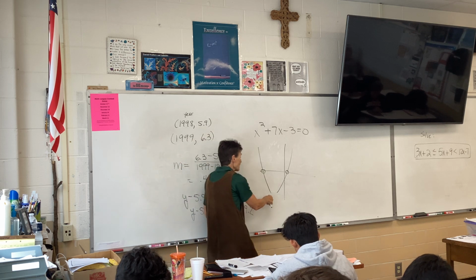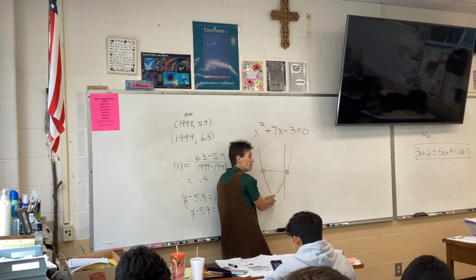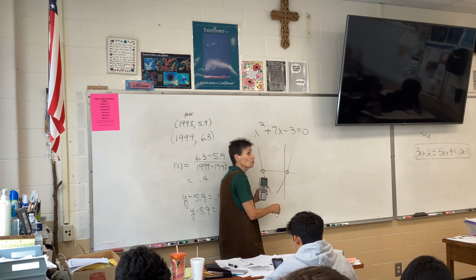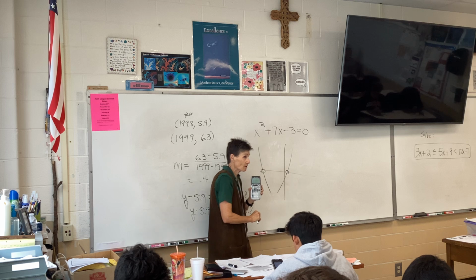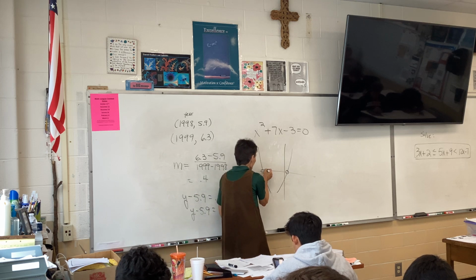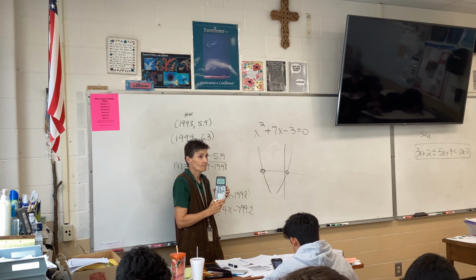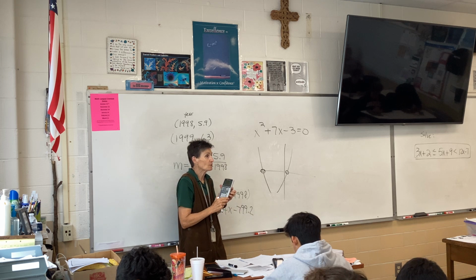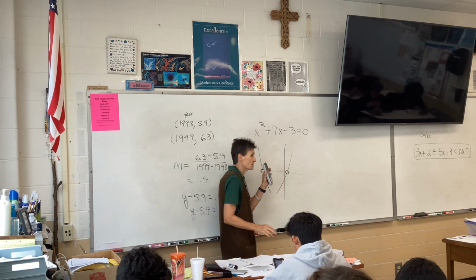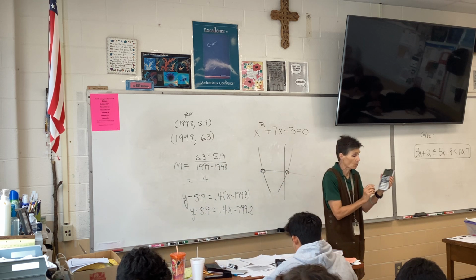I know I can't really see the bottom of my parabola, but I don't care. If I were looking for the minimum, that would matter. But I am looking for these points right here. All right, here we go. We are not going to trace and guess. That isn't how we do it. You paid a lot of money for this calculator. Let it do its work.